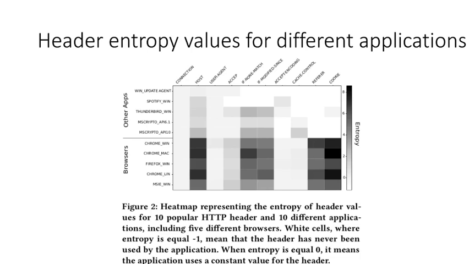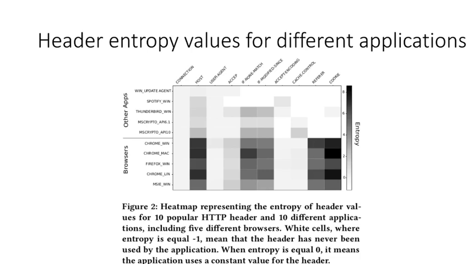Before we go to see the detection numbers or other classification performance numbers, I want to show you this heat map, which describes the entropy values for a specific set of headers that you can see from the columns. In the rows you can see different applications, and this picture shows you how each application uses specific headers in a different way.